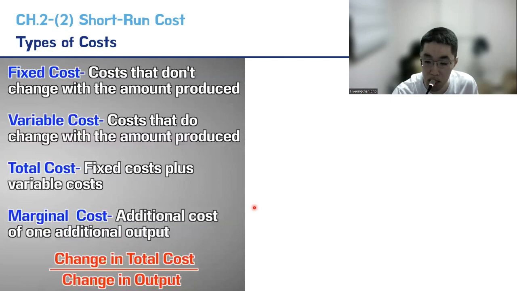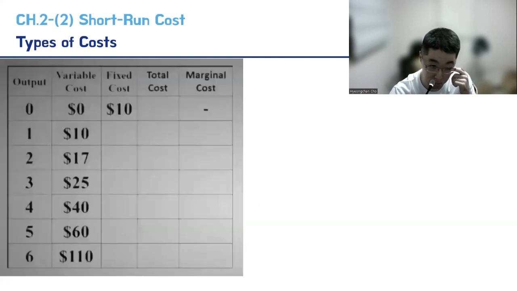So now let's see if you can calculate them on your own. Okay? All right. So right here, I have the cost for a given firm. Imagine this is the chart of cost for the given firm.